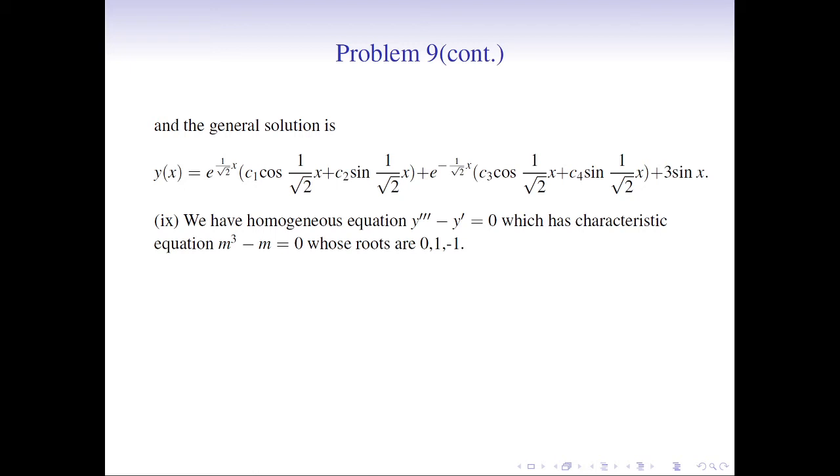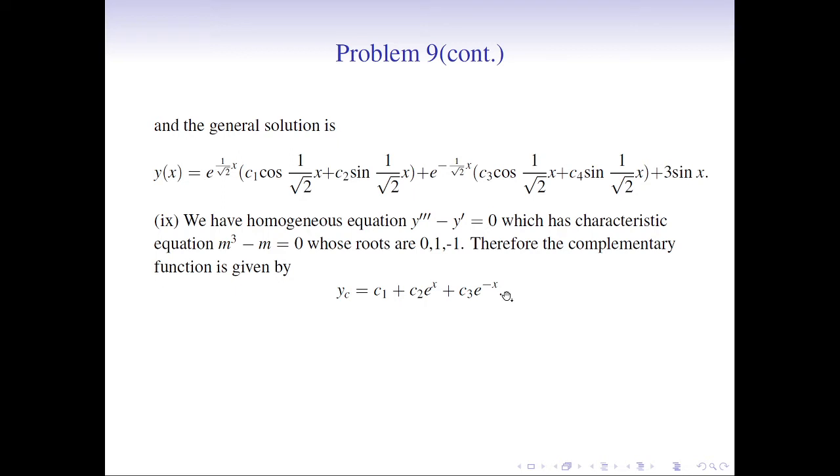So whenever we have a real root m, say, at that time we have the complementary function as c times e raised to mx. Therefore by that rule the complementary function turns out to be c1 times e raised to 0, which is equal to 1. So c1 plus c2 times e raised to x plus c3 times e raised to minus x, because of minus 1 over here.